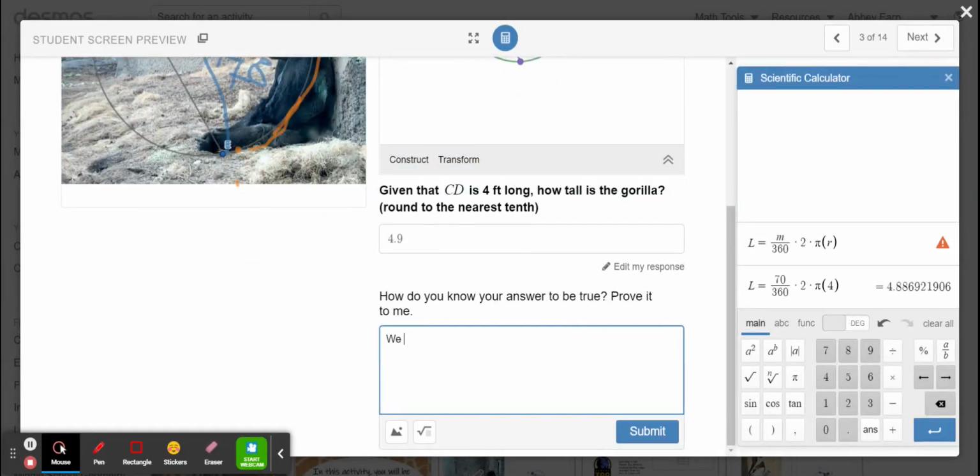So we used the arc length formula and filled in with the appropriate variables.